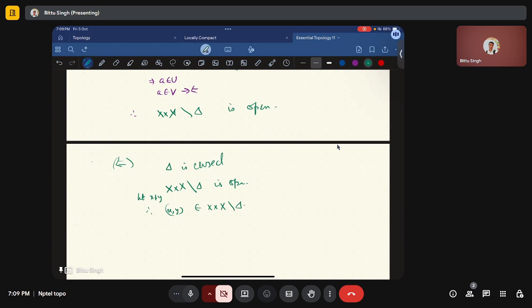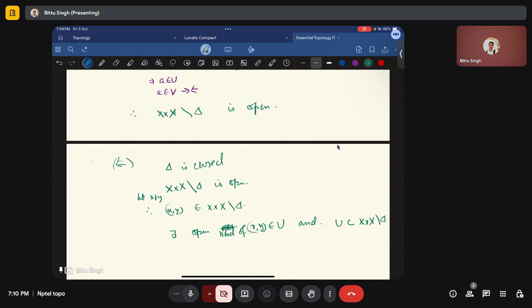And by openness there exists an open neighborhood U of (x, y), and U is also contained in X cross X minus delta.